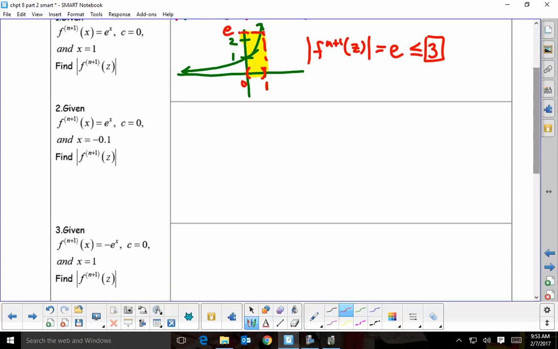Okay, let's look at this next one. So first graph the derivative of the n plus 1 of x with absolute value. We want the absolute value. And again, does that change my graph?